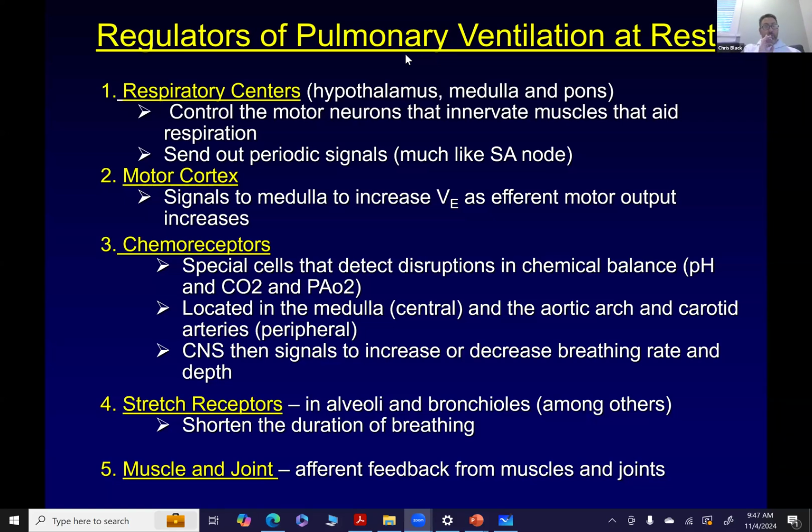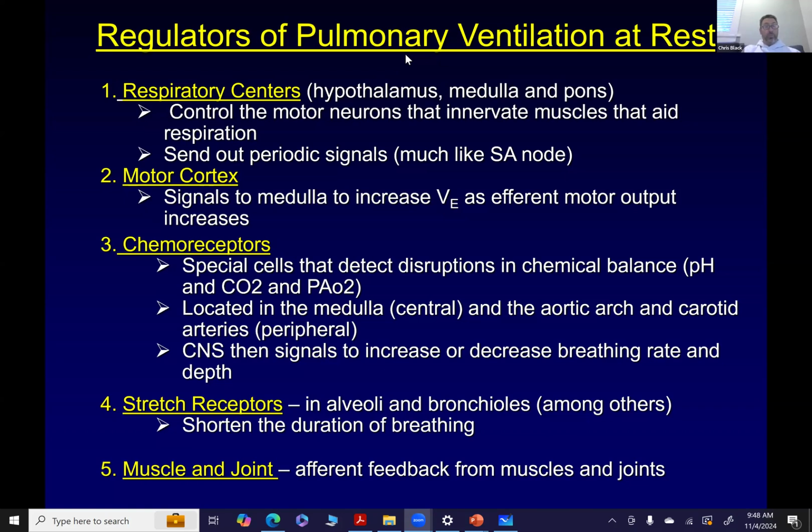Increases in CO2 immediately drive an increase in breathing. This is why when you hold your breath, it raises blood CO2 levels. As we raise blood CO2 levels, that immediately stimulates the respiratory centers to make us breathe more deeply.